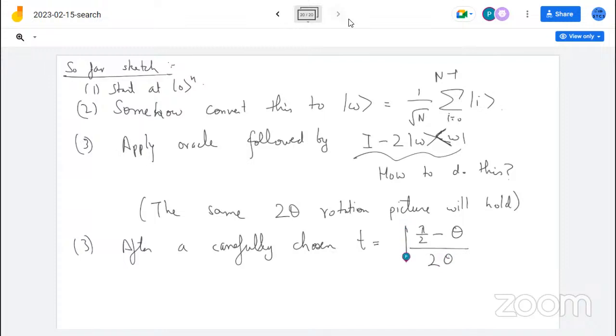Let's throw this in here. Many steps of this, many repetitions. So basically, apply all of this T times, where T is this.